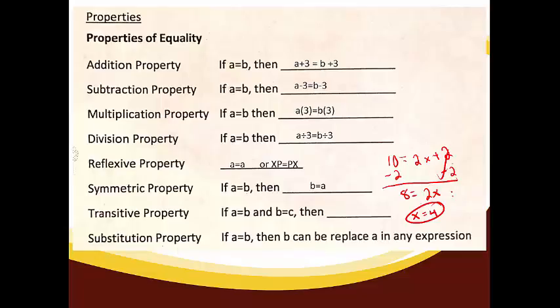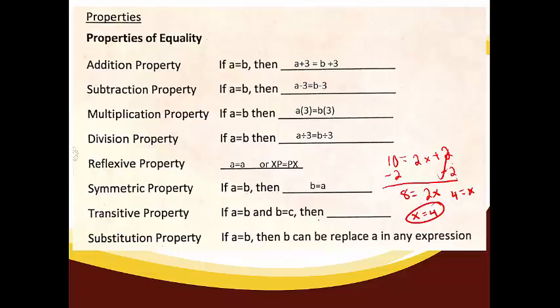Well, originally I had 4 equals x, but because of the symmetric property, I can rewrite my answer. I can just flip my equation around, and I'm not changing anything. So for some kids, when I do that, they're thinking, wait, why is x on the left now? Well, because it doesn't matter. It's the same thing. It's not changing what I'm stating. I'm saying 4 is equivalent to x. X represents the number 4.